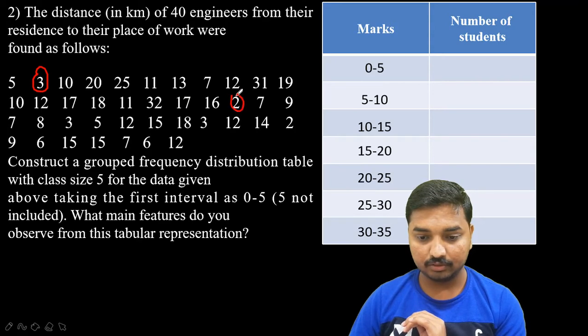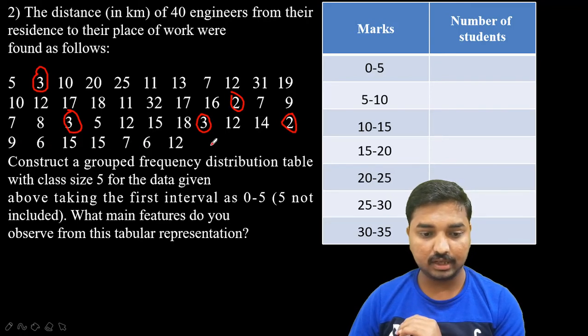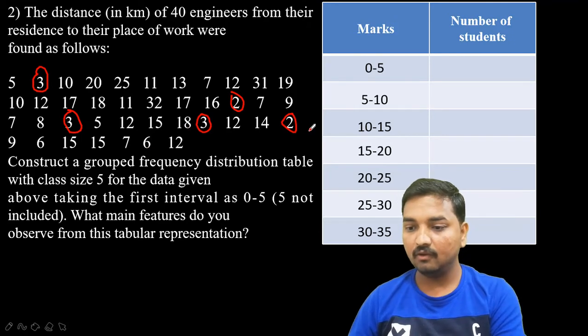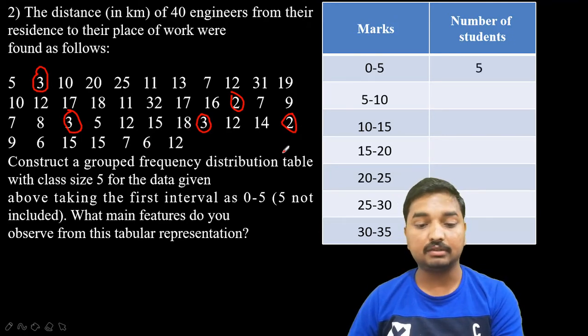Second one, and the next 7, 8, no. Exclude 5, and here it is 3, and then here it is 2. Next here is 6, no. I think 1, 2, 3, 4, 5. Frequency for this one, yes, definitely 5.